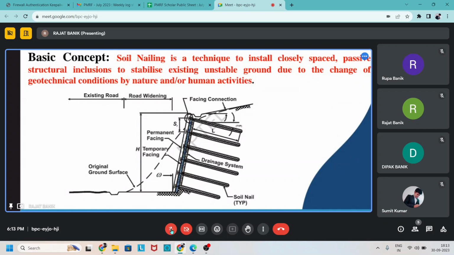Then there is an arrangement of temporary facing and also permanent facing, and the existing road and road lining are shown.